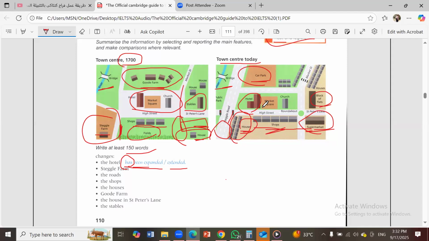Concentrate, please. Right means اليمين and left is الشمال. It's on the right or on the left. The right. A change and the left. Total change. The left corner, or you can say the left hand corner, on the left, to the left. Okay, left hand corner here. Here is the market square. And this is the hotel. It's simple and easy. It's crystal clear.